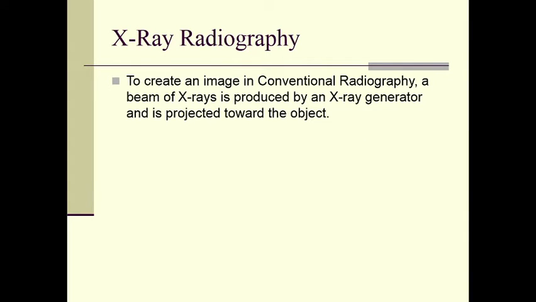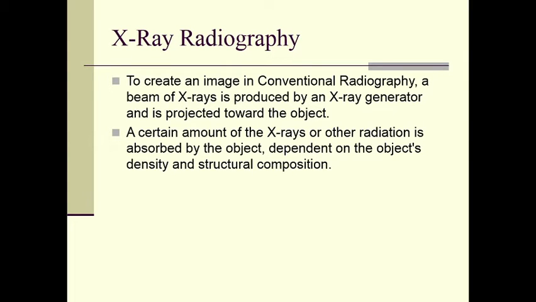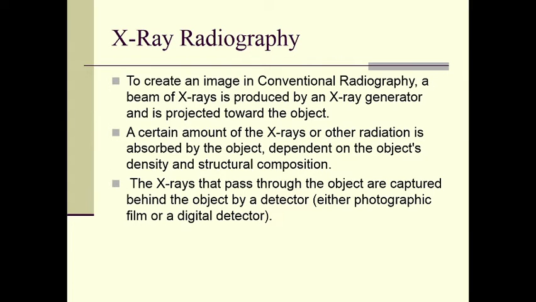To create an image in conventional radiography, a beam of X-rays is produced by an X-ray generator and is projected towards the object. A certain amount of X-rays or other radiation is absorbed by the object, dependent on the object's density and structural composition. The X-rays that pass through the object are captured behind the object by a detector, either photographic film or a digital detector.